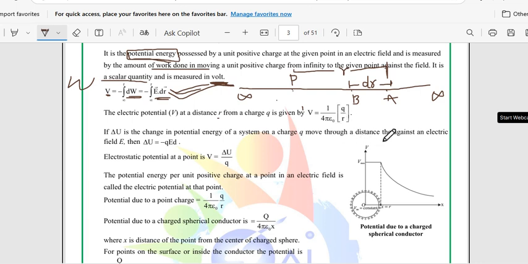Now, the small work done for bringing the unit positive charge from A to B, over dr.